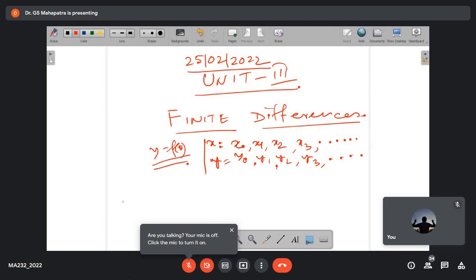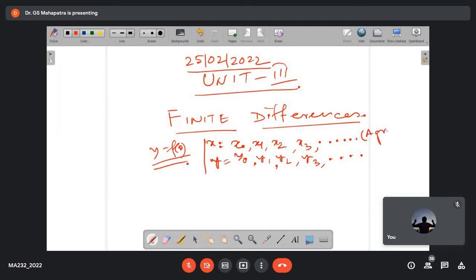What is the name of this? These x0, x1, x3 are called arguments, and these y values are called entries.